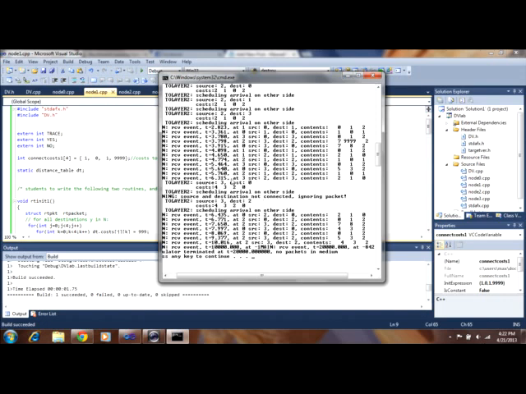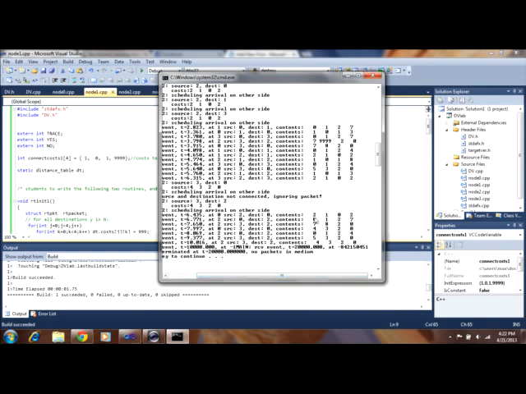For example, 3 has now figured out that its best network configuration is going to be 4 to node 0, 3 to node 1, 2 to node 2, and 0 to itself. 2 is eventually going to figure out that its best configuration is here, and finally 1 is going to figure out that its best configuration is, for example, right here.